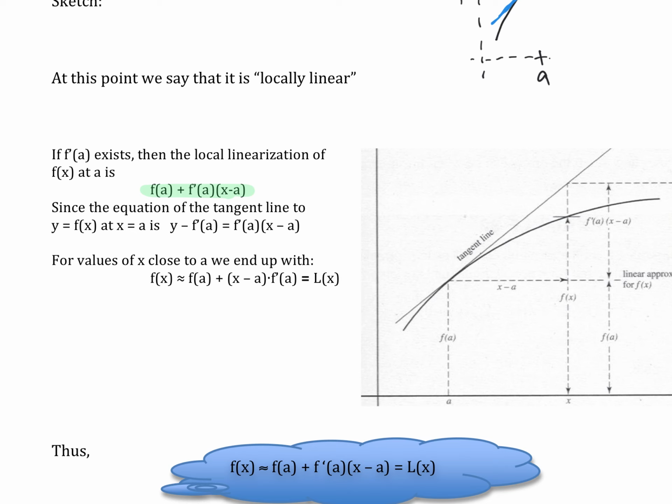Here is my f of x, and we've got f of x approximately equal to, this is y, and this is mx plus b. So what we have here is that equation, and that's going to be our approximate linearization equation of x.